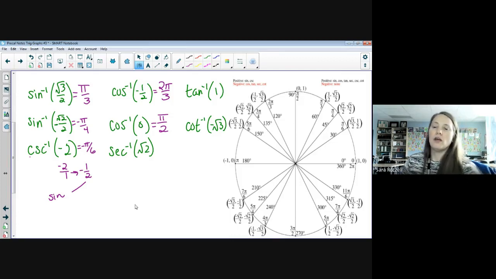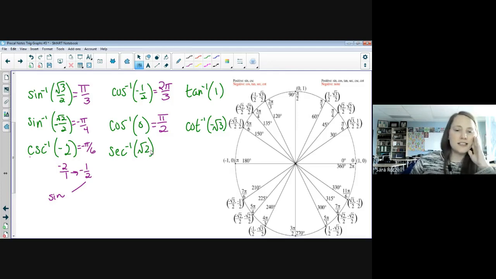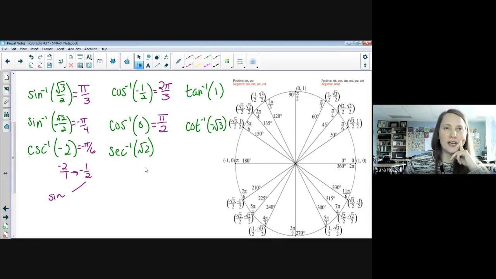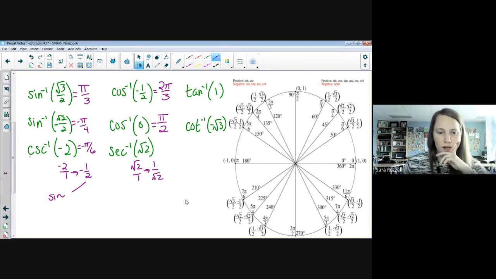Okay. All right. We're looking for when secant is root 2. So I'm going to do the reciprocal and then find when cosine equals that. The secant and cosine go together. So this is root 2 over 1. I'm going to flip it over to get 1 over root 2. What do I need to do? This isn't rationalized.